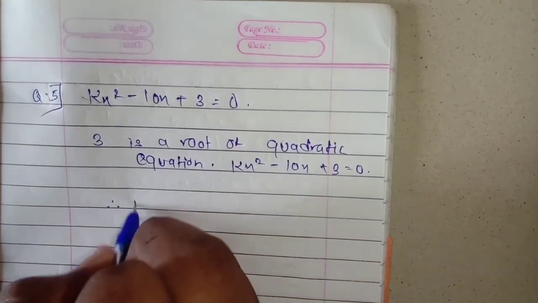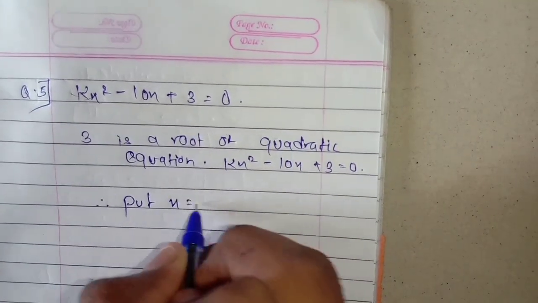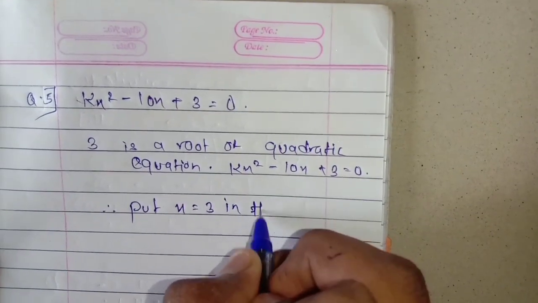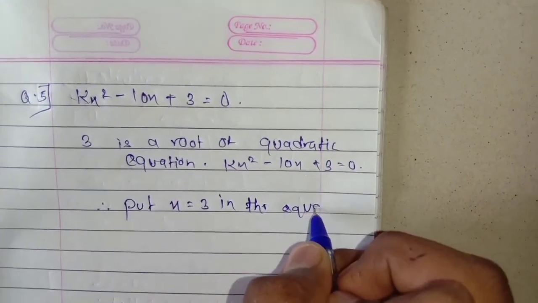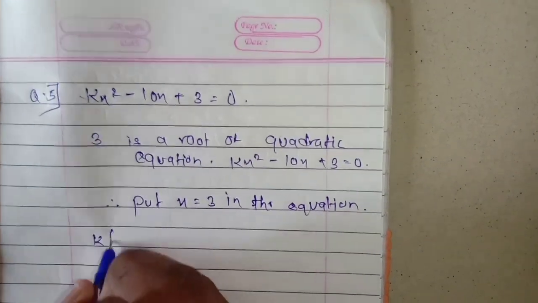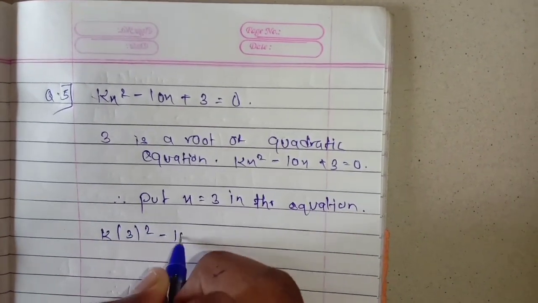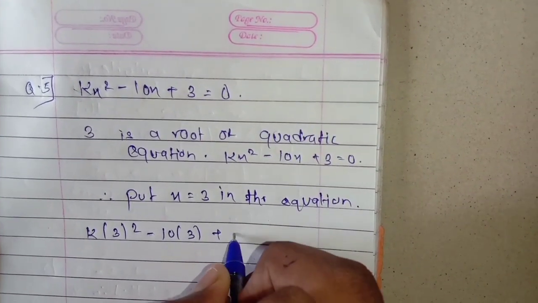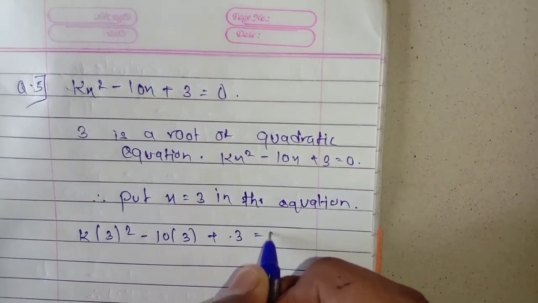Therefore put x is equal to 3 in the equation.